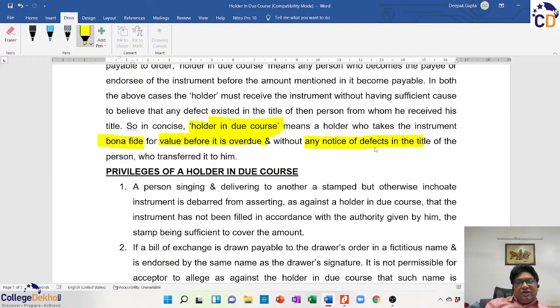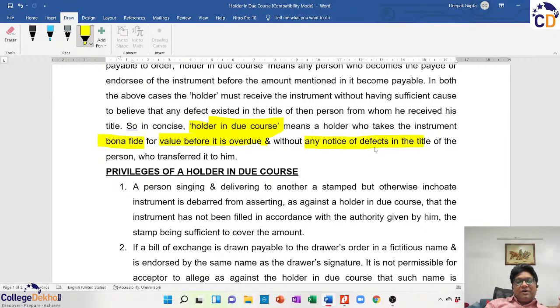And if you intentionally ignore this doubt about the ownership of A regarding such an instrument, and you still receive it knowing that you have paid the consideration and hence you will be entitled to receive the payment, then the Act says that if you knew about the defects in the title of the transferor, then you shouldn't have accepted it, and therefore there is some fault on your part also, and hence you may not be termed as a holder in due course.